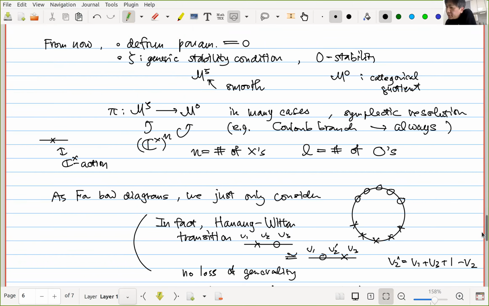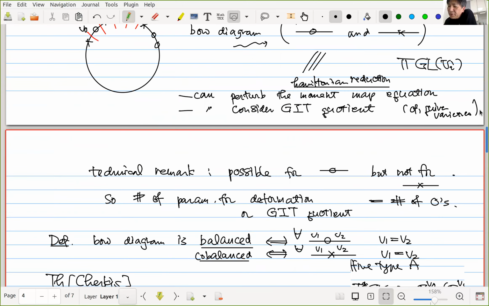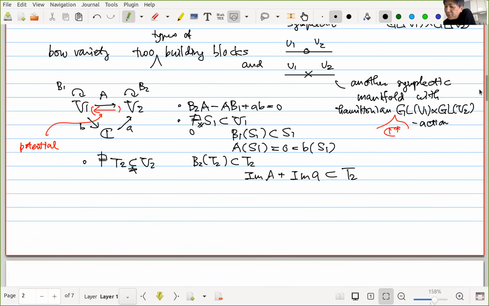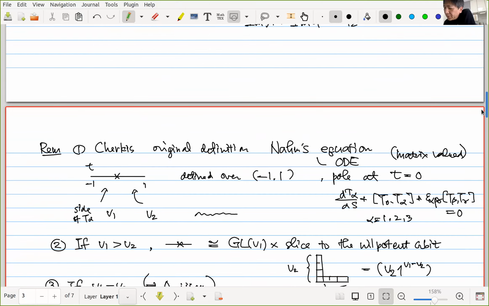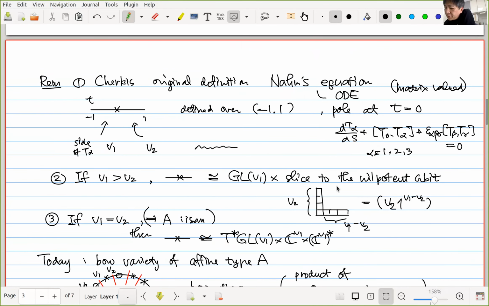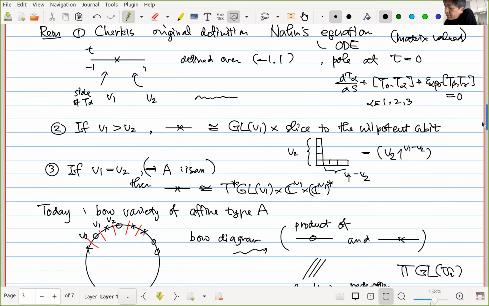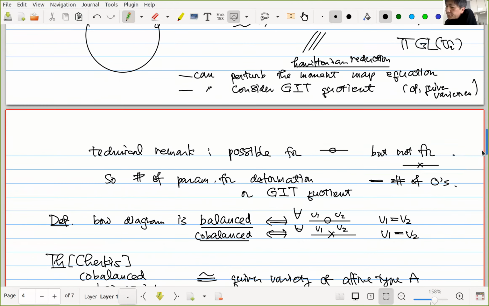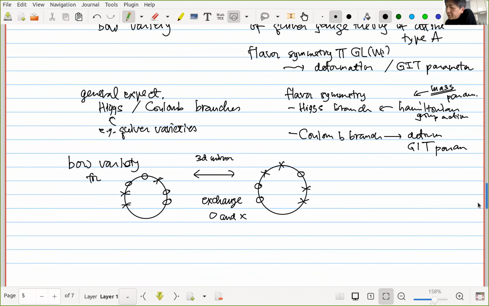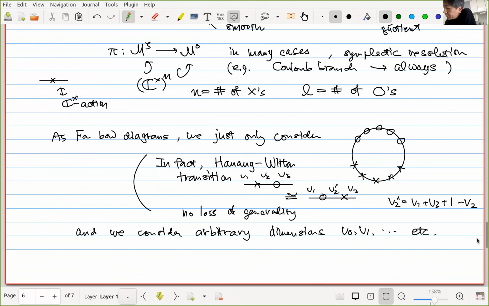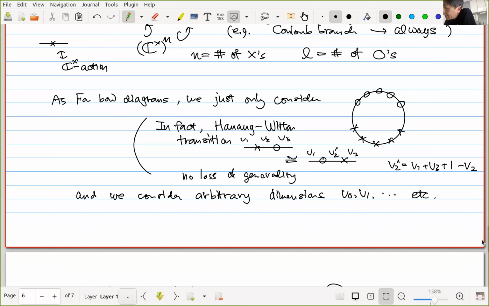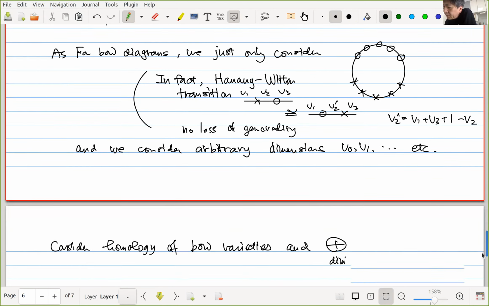It is not clear from the original definition because I imposed some open condition, but in fact it is isomorphic to the product of a general linear group and a slice, or the cotangent bundle of the group. Both are affine varieties. So M0 is a categorical quotient of an affine variety, and M zeta is a GIT quotient. So M0 is an affine variety, and M zeta is a quasi-projective variety, which is projective over affine.